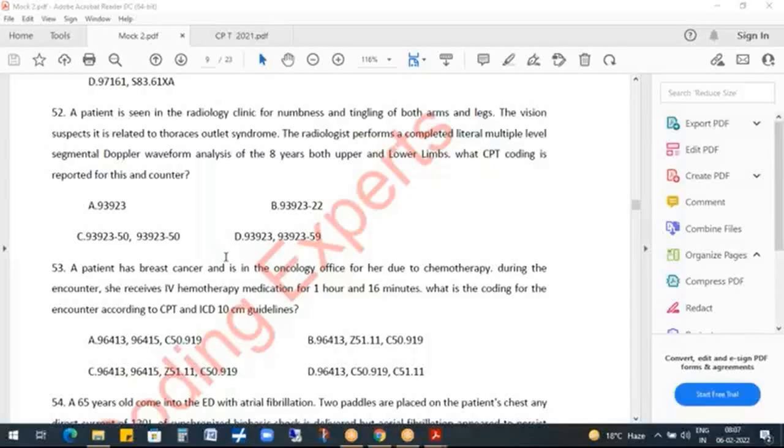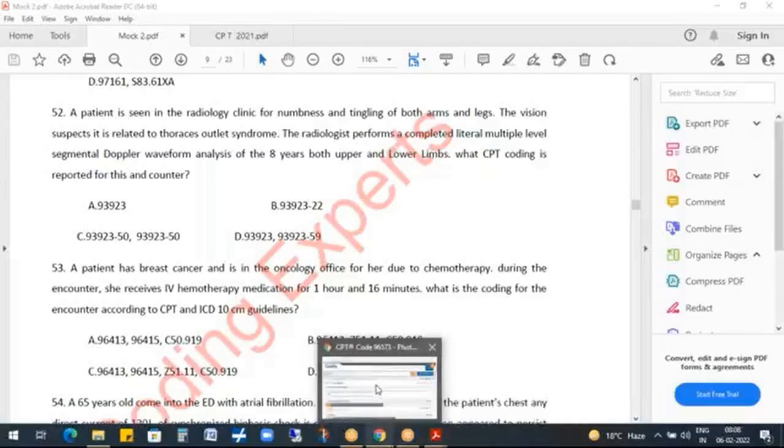A patient is seen in the radiology clinic for numbness and tingling of both arms and legs. The physician suspects it is related to it. The radiologist performs a complete bilateral multi-level segmental wave analysis on both upper and lower limbs. 939.